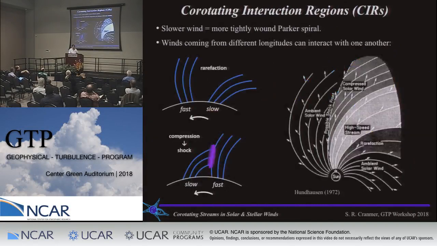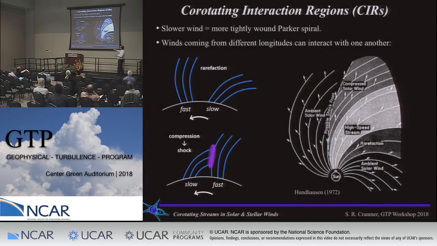But when we have fast and slow streams in the solar wind at different longitudes, then there's the opportunity for them to interact with one another. This is the so-called corotating interaction regions that we see. If I go back and show you that equation, the amount of pitch angle that you get in the Parker spiral is inversely correlated to the speed, so you get much more tightly wound spirals for the slow wind than the fast wind.